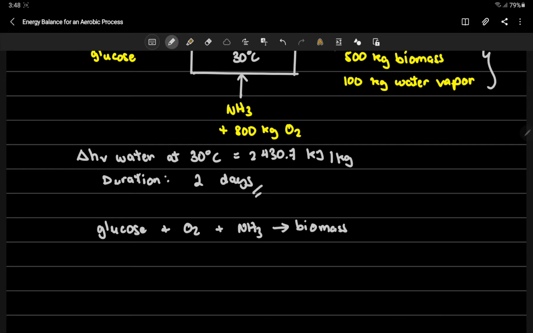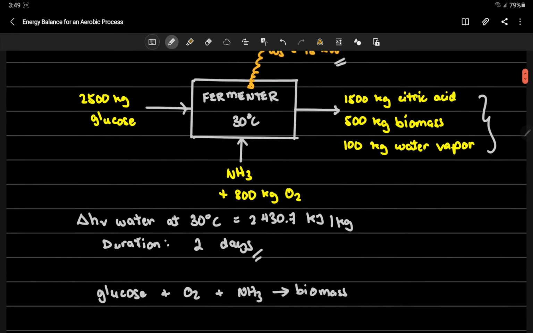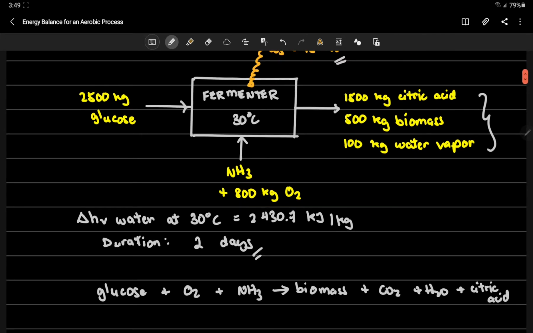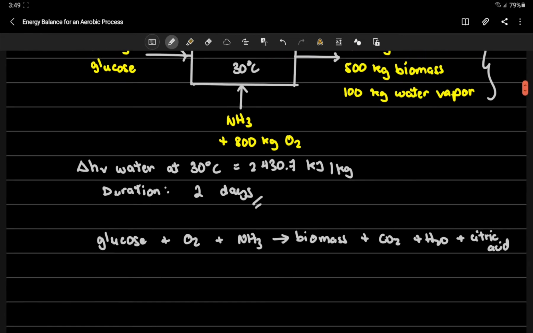Tapos, meron kang carbon dioxide. Okay? So, carbon dioxide, water, and citric acid. Now, nakita nyo sa diagram or sa flowchart natin, wala yung carbon dioxide. Okay? Don't worry, ma-address natin yan later on.